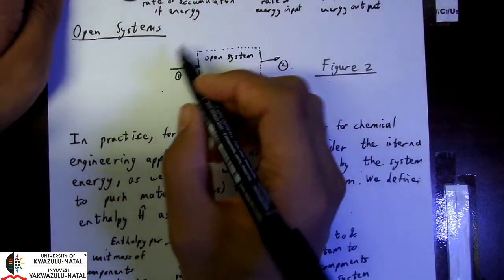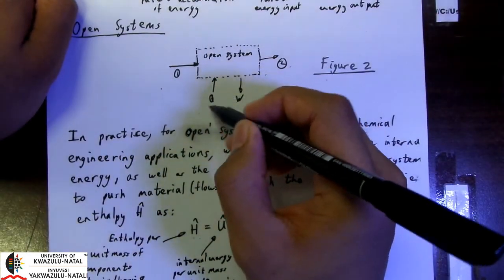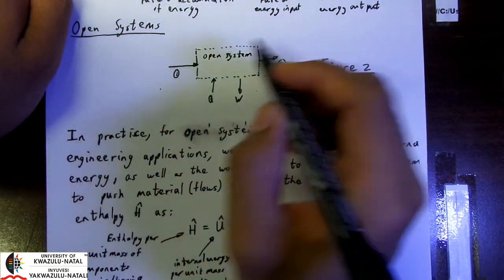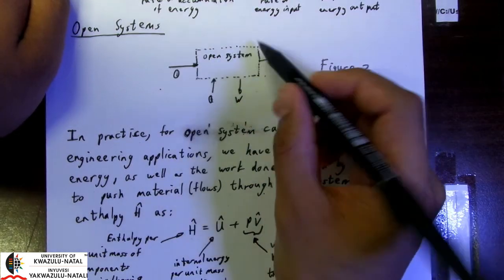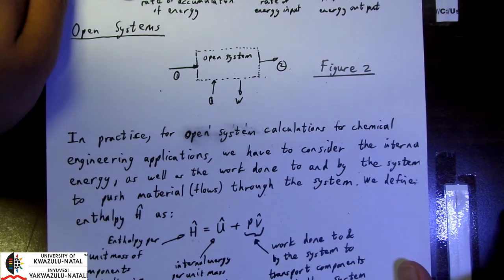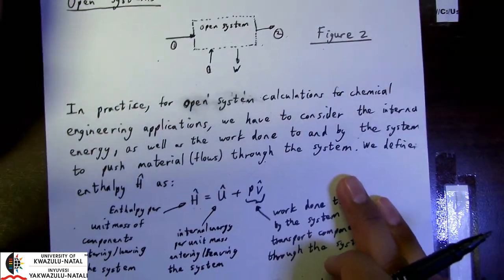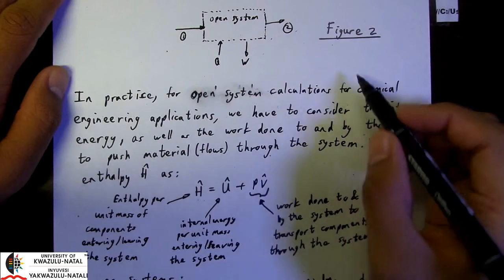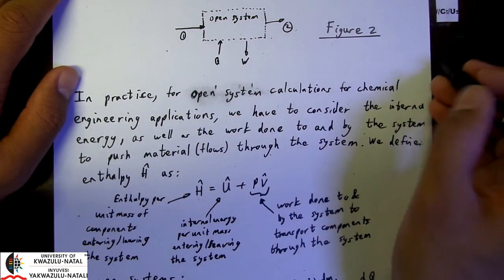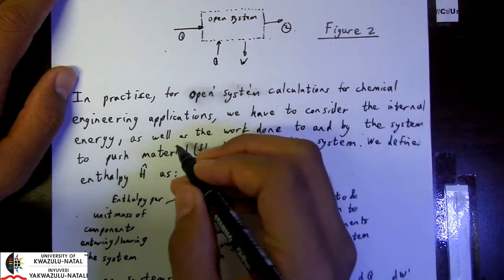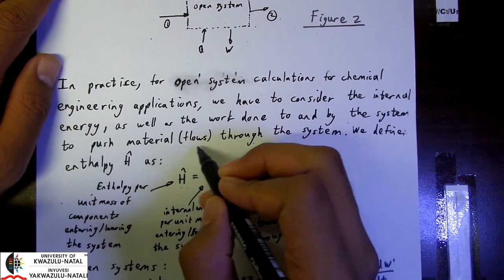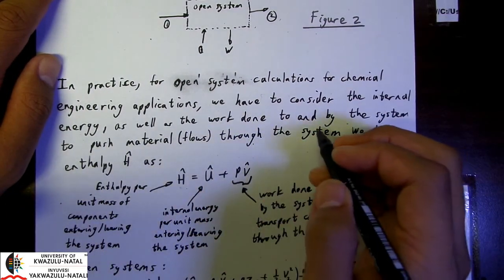Now, if we look at open systems, we have our energy input and our work output, and we have streams entering and leaving the system, and this is typically what we've looked at from a material balance point of view all along. In practice, for open systems, in calculations for chemical engineering applications, we have to consider the internal energy as well as the work done to and by the system to push material through the system.